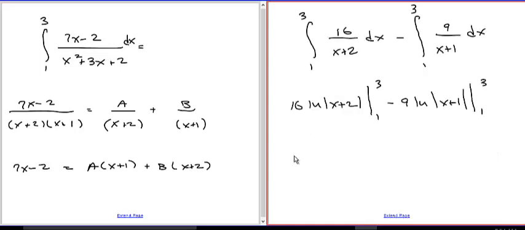And then you can plug in your numbers. So you'll have 16 natural log of the absolute value of 3 plus 2 minus 16 times the natural log of the absolute value of 1 plus 2. So that's this one evaluated.